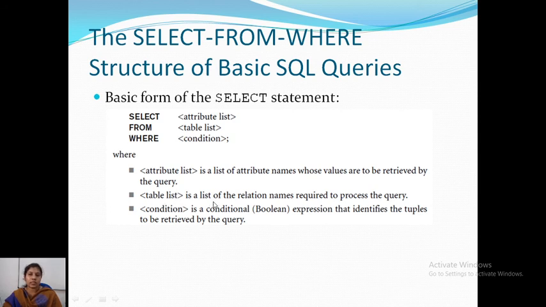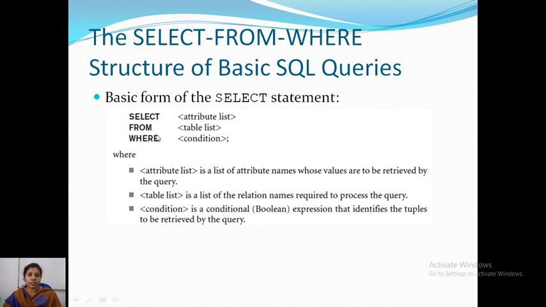Table list is a list of relation names which are required to process the query. Then condition, a boolean expression that identifies the tuples which need to be retrieved by the query. So select, from, where.